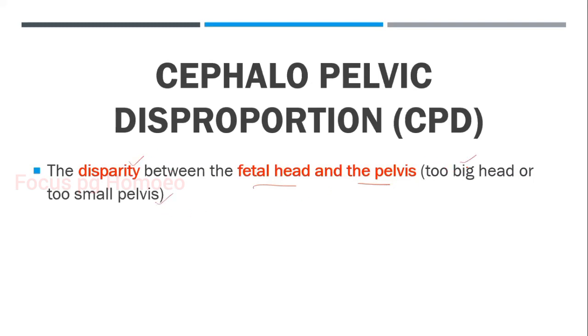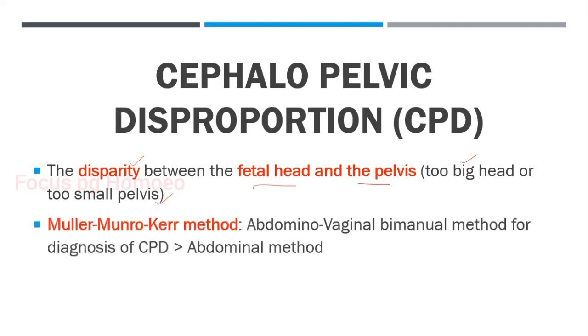When this comes into the picture, the disparity occurs and engagement doesn't occur. It is very difficult for the labor to continue. So there is something called the Muller-Munro Kerr method to assess CPD. Here it is the abdomino-vaginal bimanual method for diagnosis of CPD, more than the abdominal method.